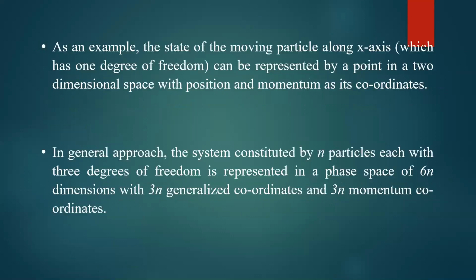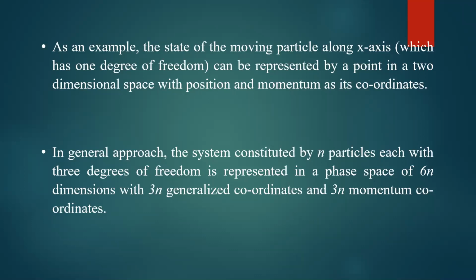Okay, next we'll move. As an example, we'll take the state of a moving particle along the x-axis. Simple case I will take. A particle which is moving along the x-axis, which has 1 degree of freedom. It can move along the x-axis only. How many coordinates are needed? 2 coordinates are needed, because 1 degree of freedom, f equal to 1, 2f number of coordinates are needed.